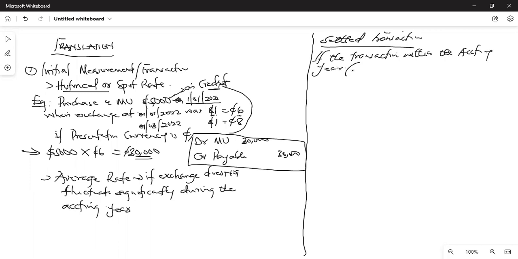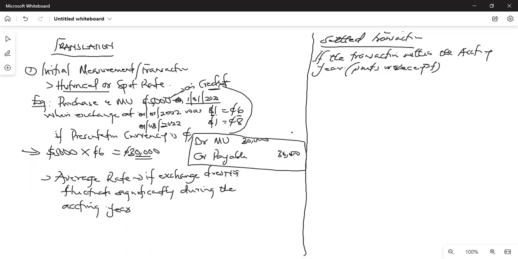herein, what we are talking about is payment or receipt of. So if it is a receivable, it will be a receipt. Like this one that we've done is a payable. So we are going to look at it. All right.